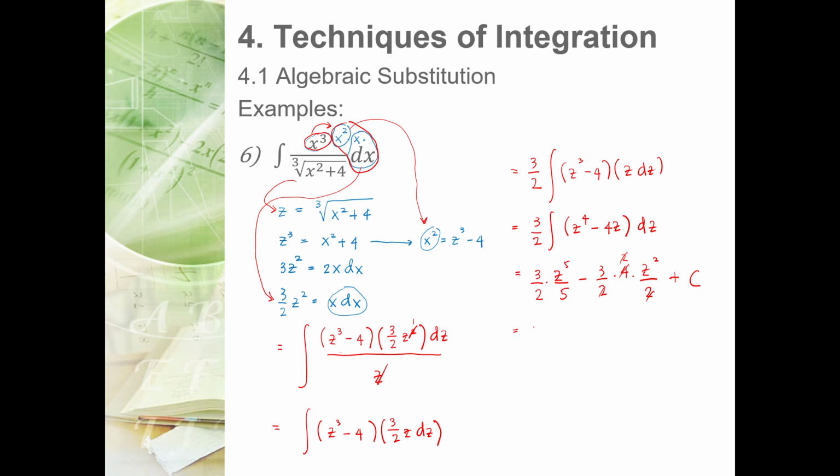What's left is 3z to the power 5 over 10 minus 3z squared plus c. Don't forget to bring back the z parameter. This gives us 3 times x squared plus 4 raised to 5/3 all over 10.